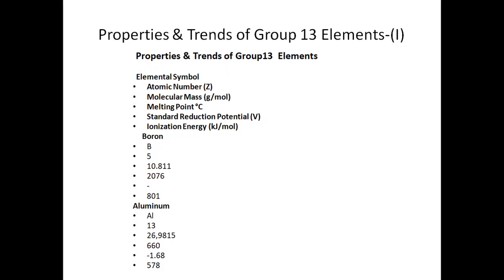Now we see the properties and trends of the group 13 elements. General properties like atomic number, atomic masses, melting point, reduction potential and ionization energy, how they vary and their trends in the group.